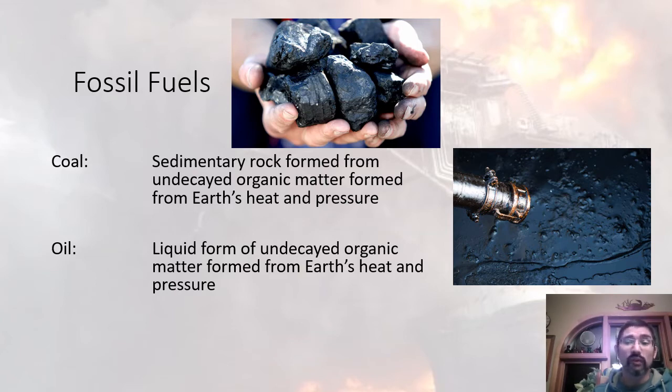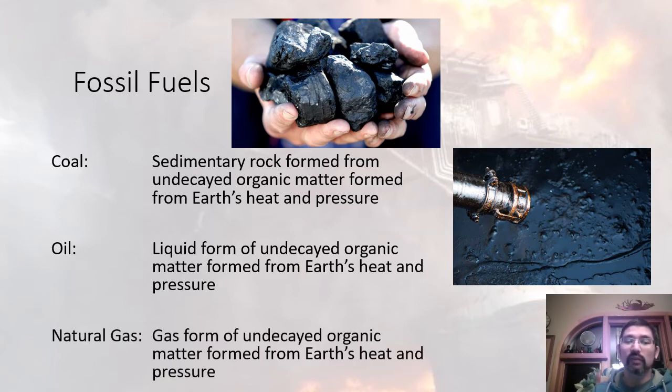Oil is also transformed into various petroleum products like plastics. Our plastics come from oil. The final fossil fuel that we have is natural gas, the gaseous form of undecayed organic matter that's created by Earth's intense heat and pressure.